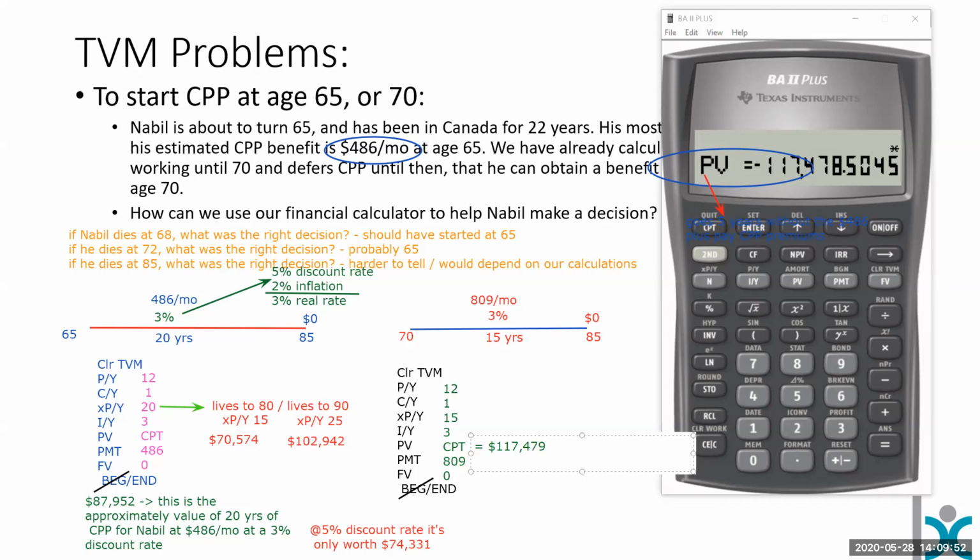However, what age is that true at? When will that be true? That's true at age 70, assuming he starts his benefit then and lives to age 85. That's the present value of his CPP benefit, if he starts at 70 and lives to age 85.